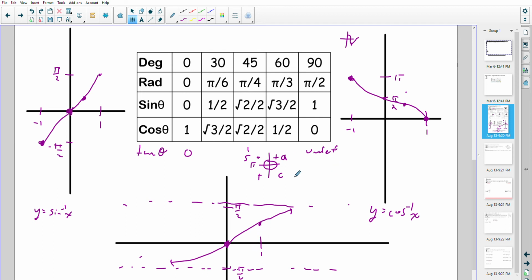You could go to the unit circle to finish out the particular points, but I had to get through this quickly, and therefore I just did the one quadrant and looked at the asymptotes. That's the idea of the inverse trig functions for the sine, cosine, and tangent.